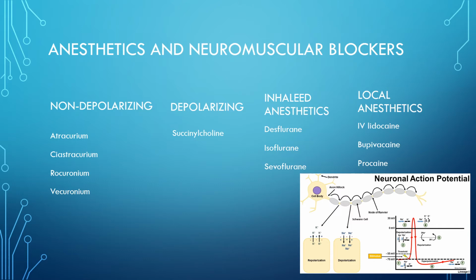So succinylcholine is kind of interesting because it technically binds to the receptor and causes a muscle contraction, but then what happens is over time, under normal physiologic conditions, the body doesn't like to be stimulated for long periods of time. This is especially true of the acetylcholine receptor at the neuromuscular junction.